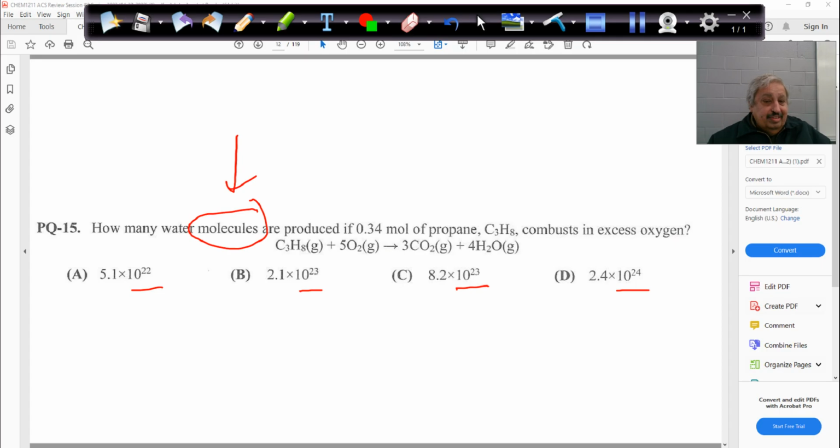How many molecules are produced if you have 0.34 moles of propane? This is propane here. And they ask you how many molecules if you have 0.34 moles. You start every time with what? Whatever is given to you. It's given to you: 0.34 mole of propane.